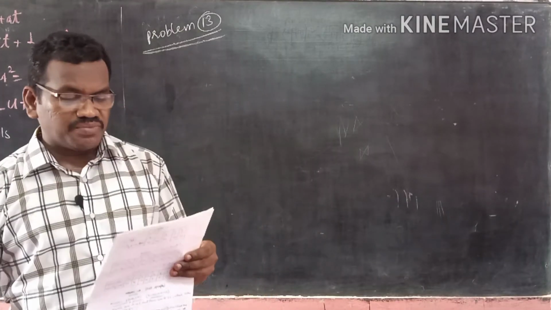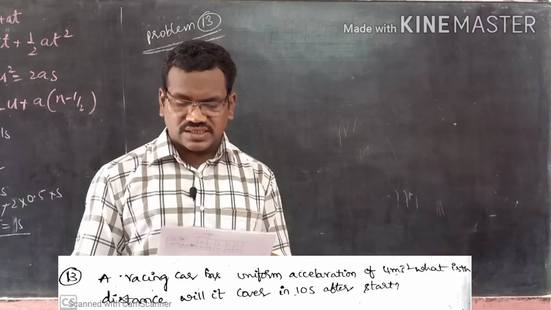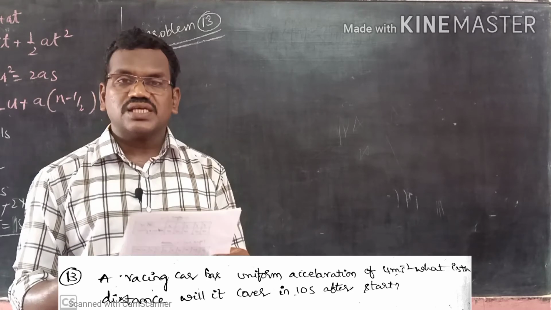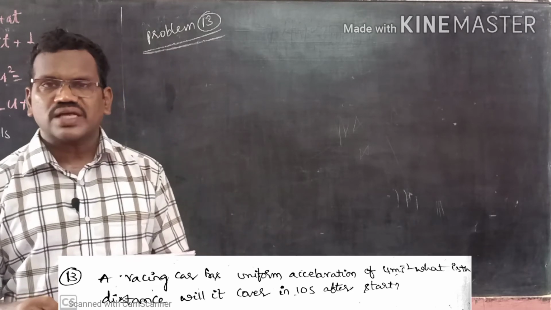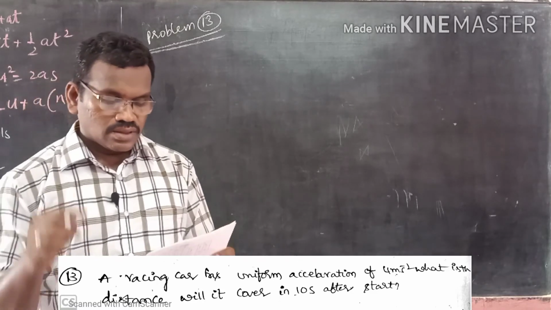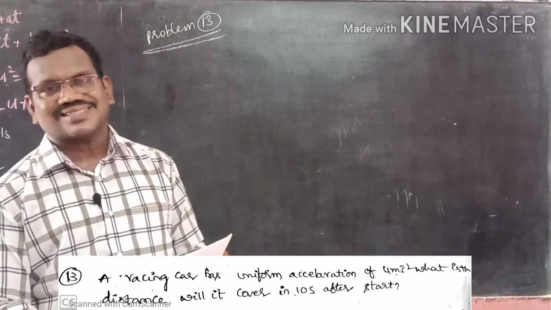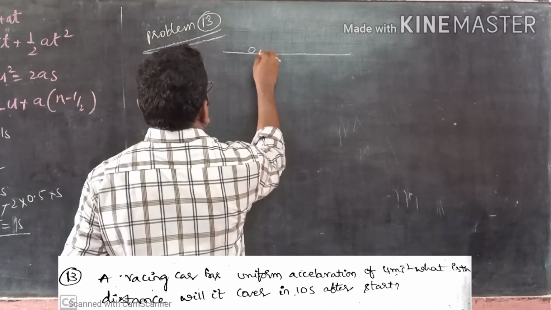Now the problem number 13. A racing car has a uniform acceleration of 4 meter per second square. What is the distance it will cover in 10 seconds after start? A racing car is at rest. How can you say it is at rest? After start is the clue. So here a racing car is there.